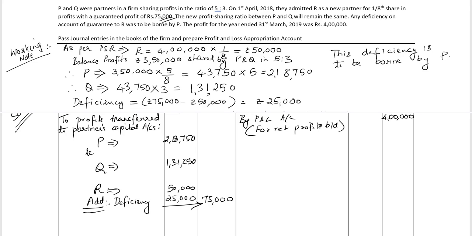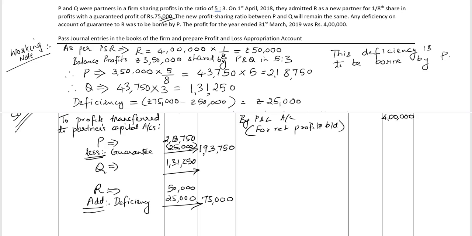We'll deduct the guarantee which P has to bear, rupees 25,000. On deducting, we get P share in profits 1,93,750 rupees.